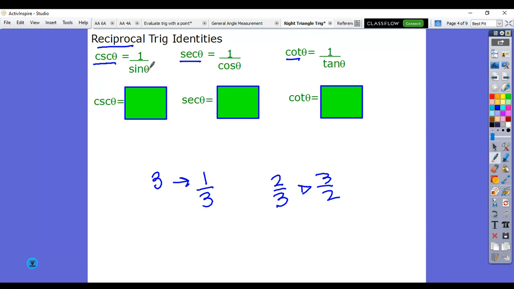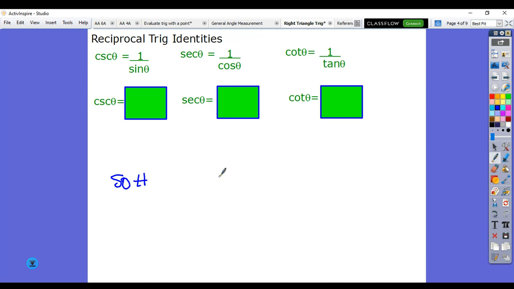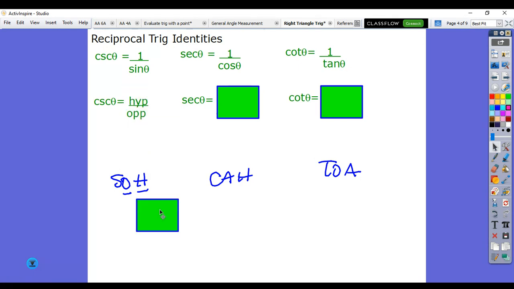So let's think about what sine is. Let me clear this a little. So, SOH CAH TOA, because these all relate to each other. If sine is O over H, what's the reciprocal?